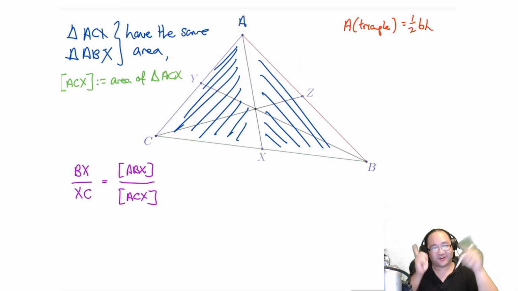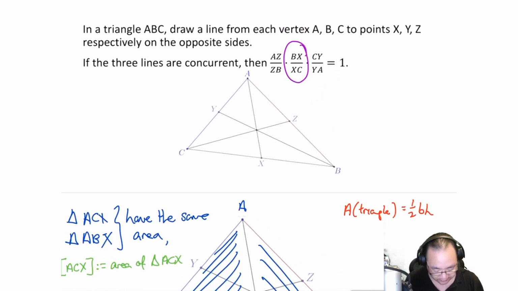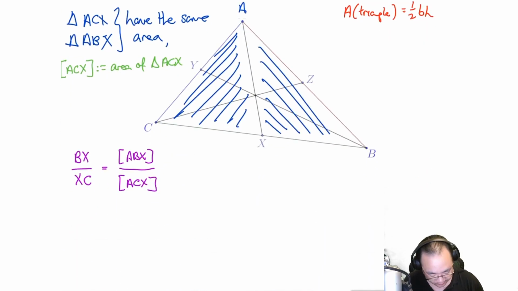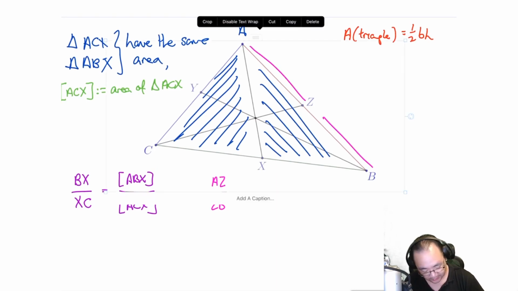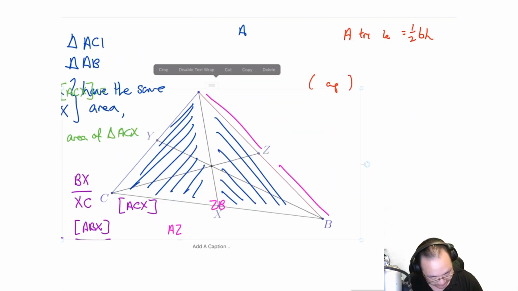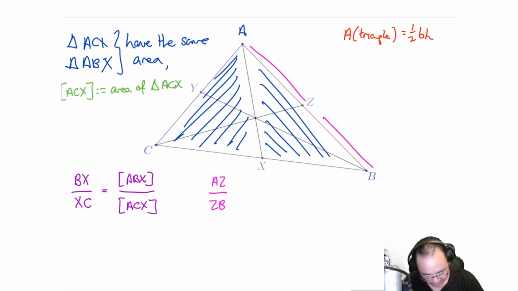I'm going to try and do the same for the other edges, so bear with me. I'm going to do AZ and ZB as well, so AZ over ZB in a similar manner, A to Z, Z to B, and I'm looking this way as the height.